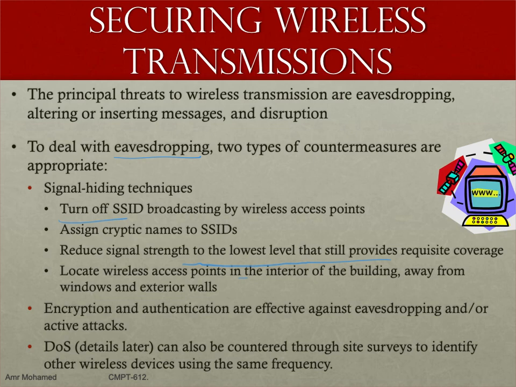By site surveys we mean we do some frequency measurement in a specific area to know which frequency ranges are busy and which are not busy. And here we try to avoid accidental jamming, or in other words, interference.